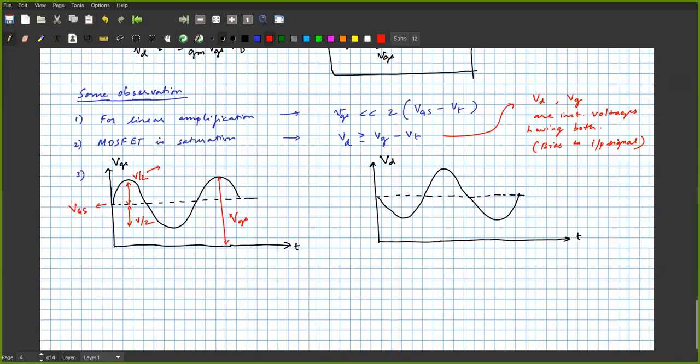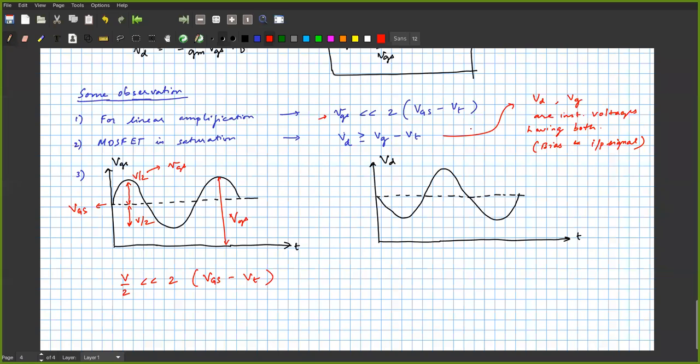This is actually small VGS, right? So this condition, if I want to write it, V by 2 should be less than 2 times VGS minus VT. Okay, so this is the condition for linear amplification.